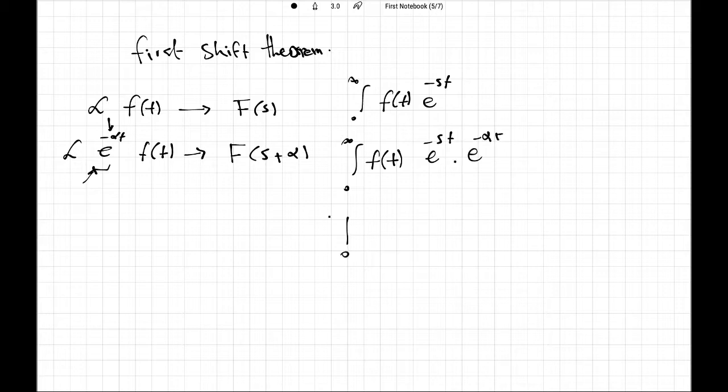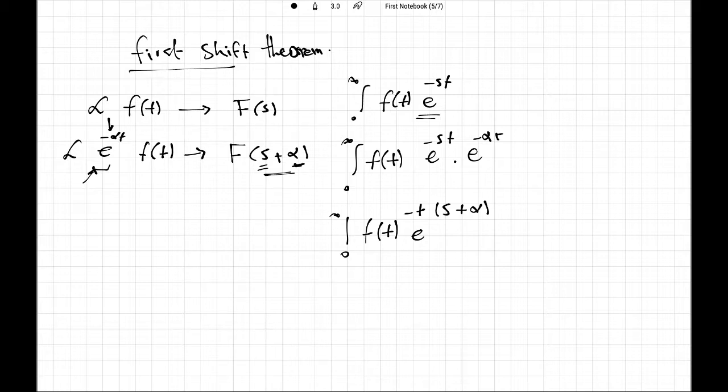This is the same as saying that we have the same e, but the s has an additional term, which is alpha. So this is just like saying we shift the s by alpha. That's why it's called the shift theorem.